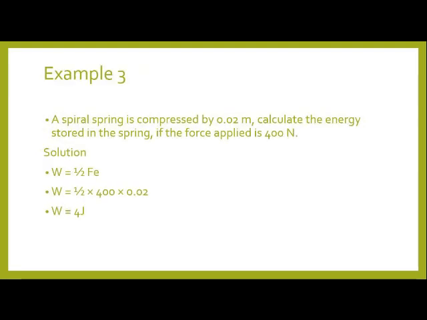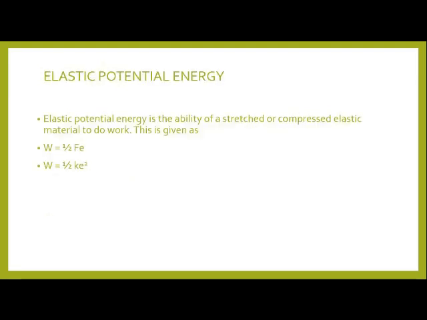Now let's look at an example. A spiral spring is compressed by 0.02 meter. Calculate the energy stored in the spring if the applied force is 400 Newton. Since we are being given F and E, the formula we're going to use is half FE.